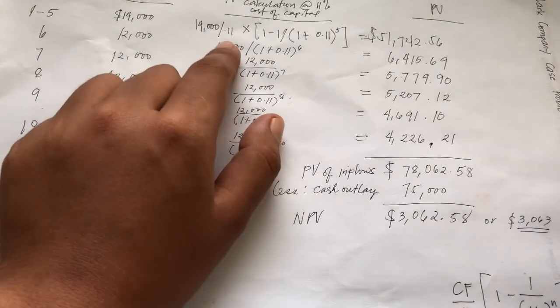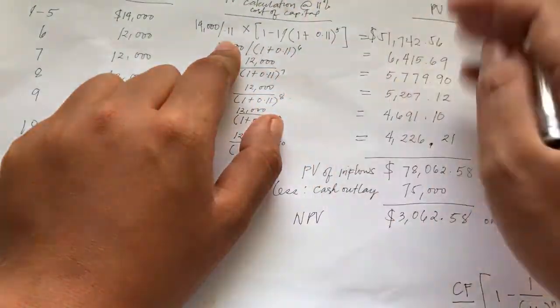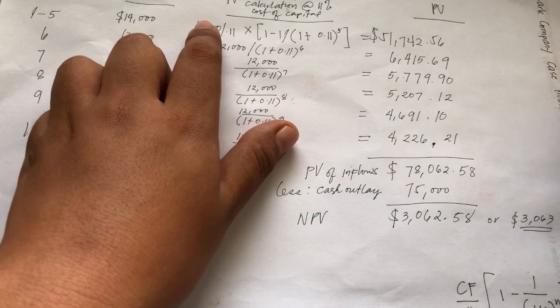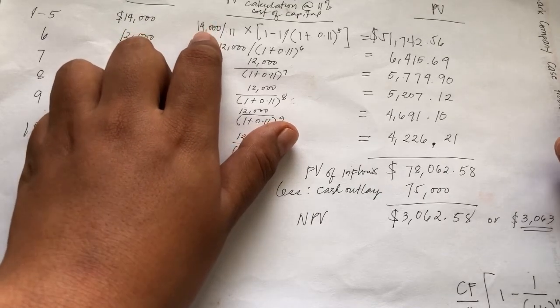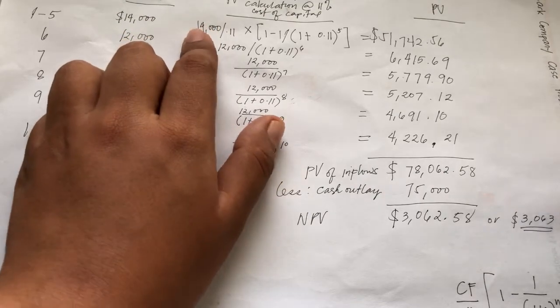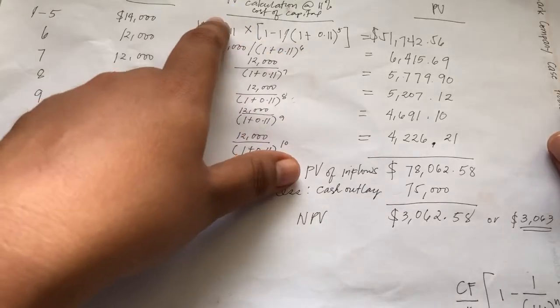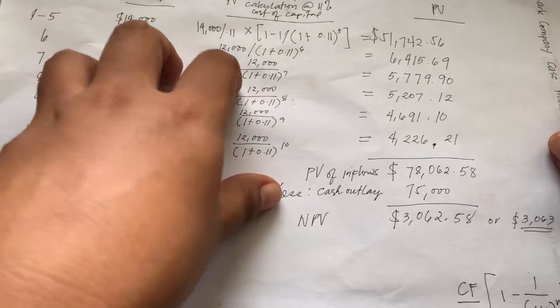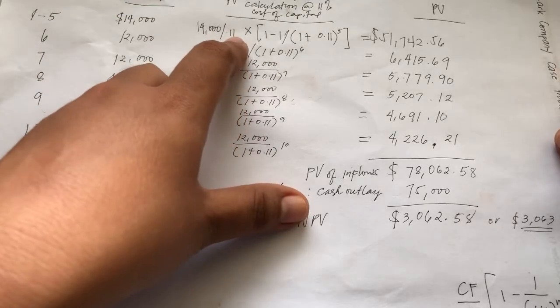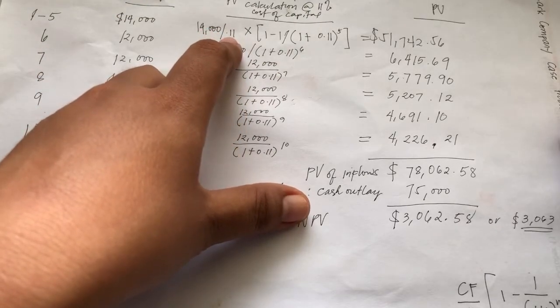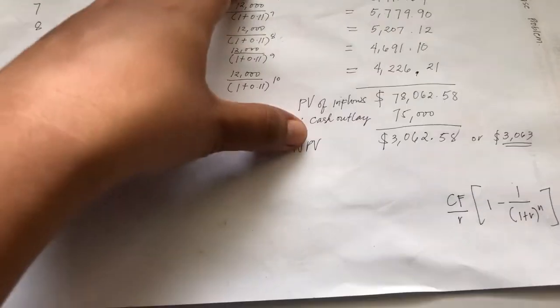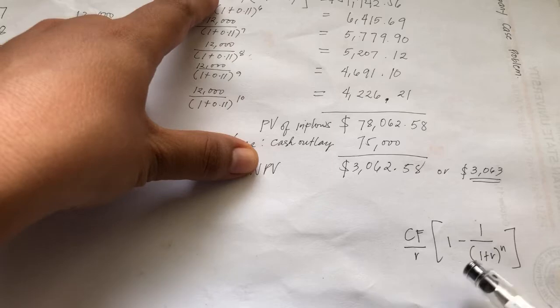Pag isosolve natin ito, kailangan lang natin yung data na binigay sa atin sa Clark Company. So, 14,000 divided by the rate, or the cost of capital, which is 11%, that's 0.11 if you convert that into decimal. Times, this is our formula, di ba?